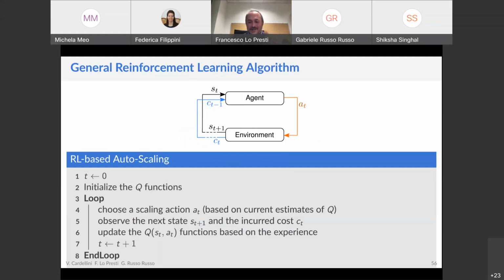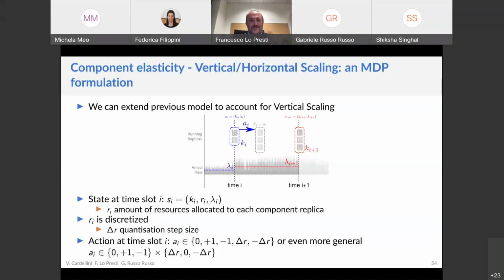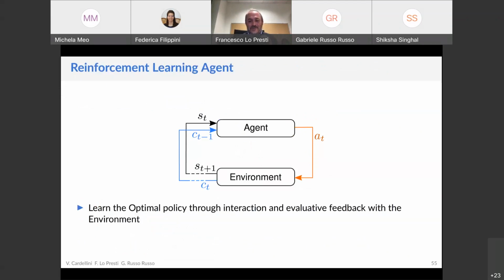Sorry, something I told you before: when using value iteration, if I have the model, I solve the model offline, I start my application, and I already know what I should do. But if I have no model of the system, using reinforcement learning, I have to learn from scratch how the system behaves, and learn by doing. I have to understand what I should do.